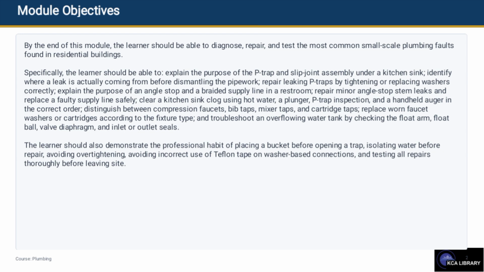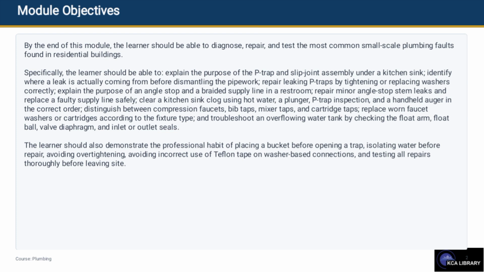Identify where a leak is actually coming from before dismantling the pipework. Repair leaking P-traps by tightening or replacing washers correctly. Explain the purpose of an angle stop and a braided supply line in a restroom. Repair minor angle stop stem leaks and replace a faulty supply line safely.